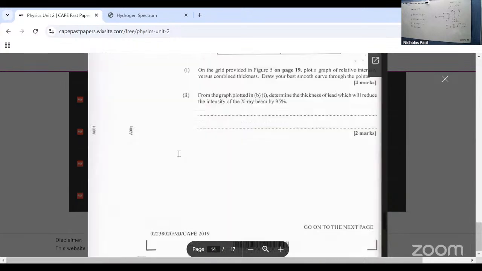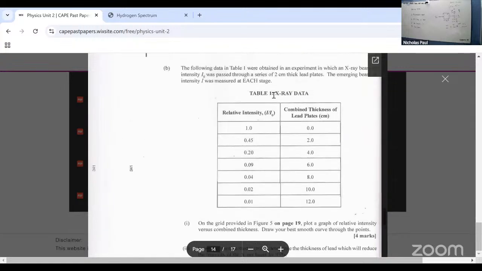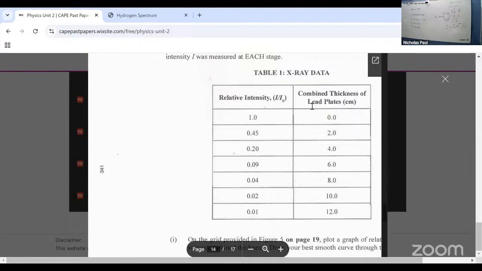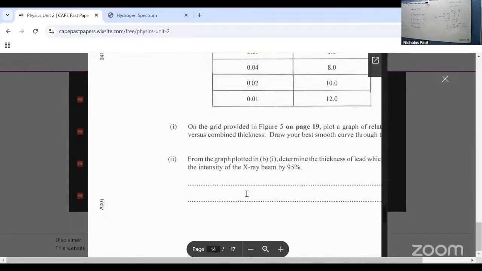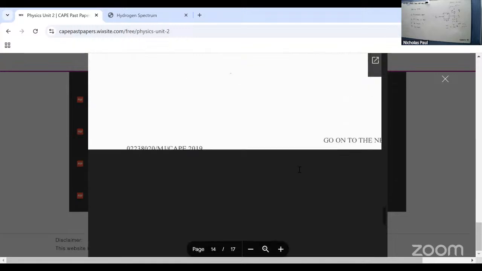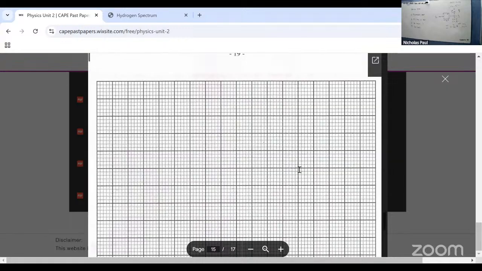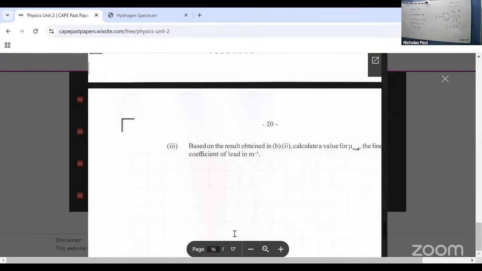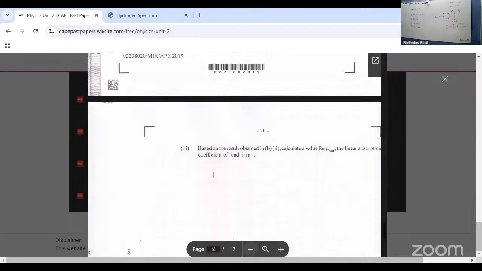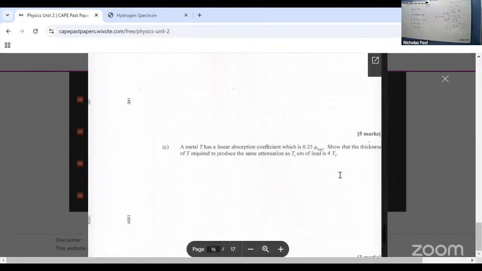After you plot a graph of relative intensity versus thickness, you determine the thickness. What kind of graph is it? A smooth curve, right? And then you get the value. Based on the results, calculate the value. Oh wait, no, we need the graph.